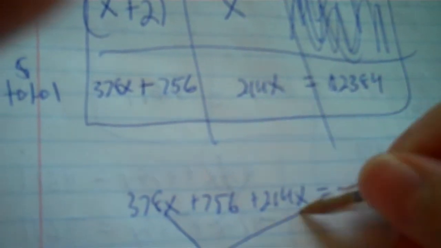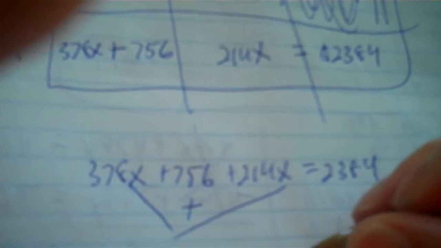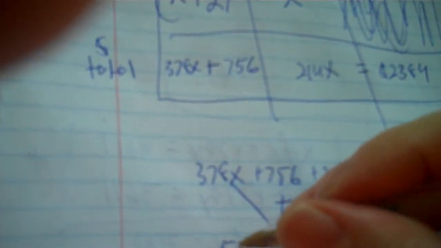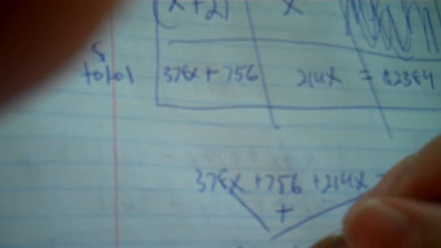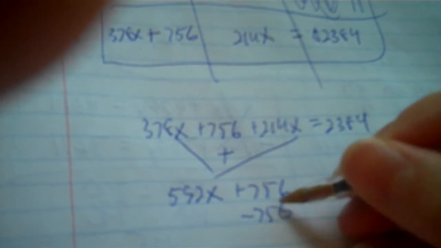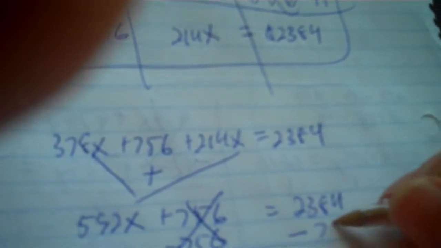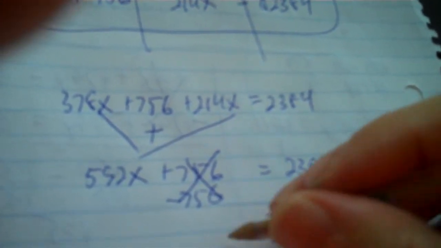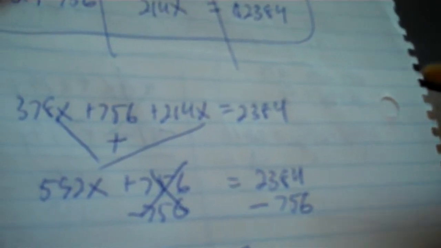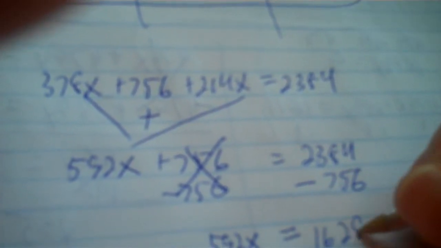Then the x's you add: 378 plus 214 is 592x plus 756. Then we'll have the answer for x as soon as we subtract 756. 2,384 minus 756 is 1,628.